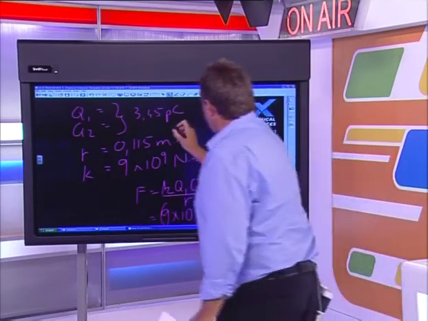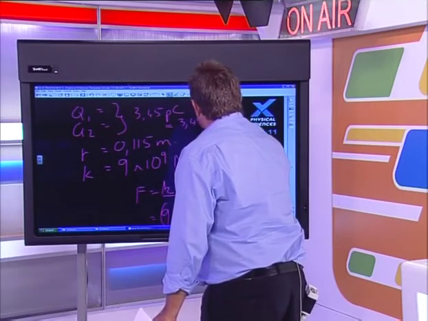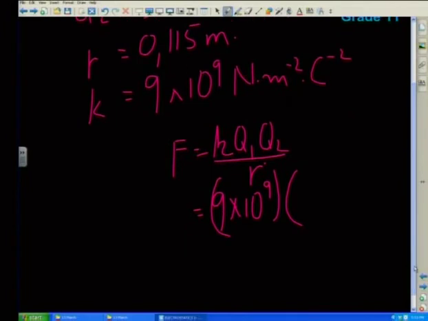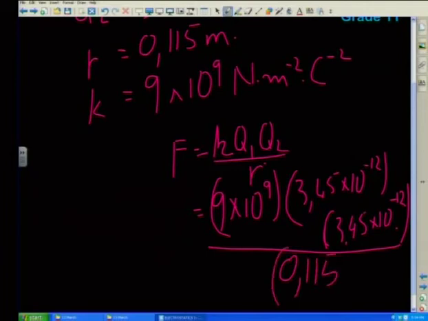So the 3,45 picocoulombs is going to be converted into 3,45 times 10 to the minus 12 coulombs. And therefore, that now gets substituted in. 3,45 times 10 to the minus 12, multiplied again by 3,45 times 10 to the minus 12, because remember, we've got both charges, divided by 0,115 all squared.